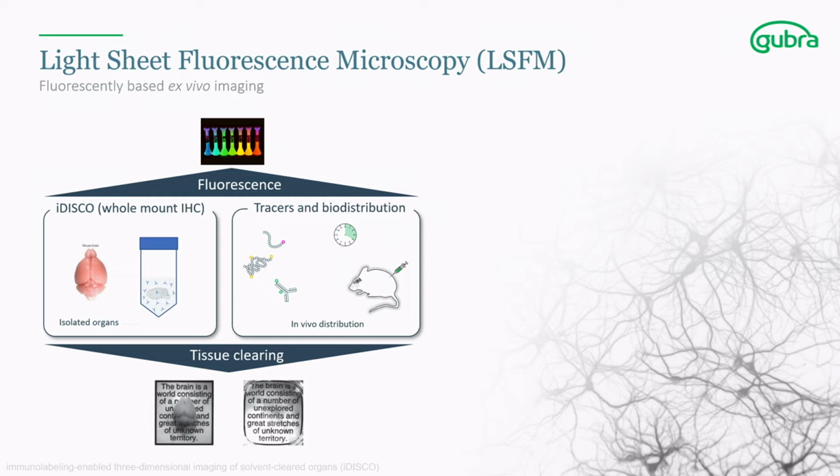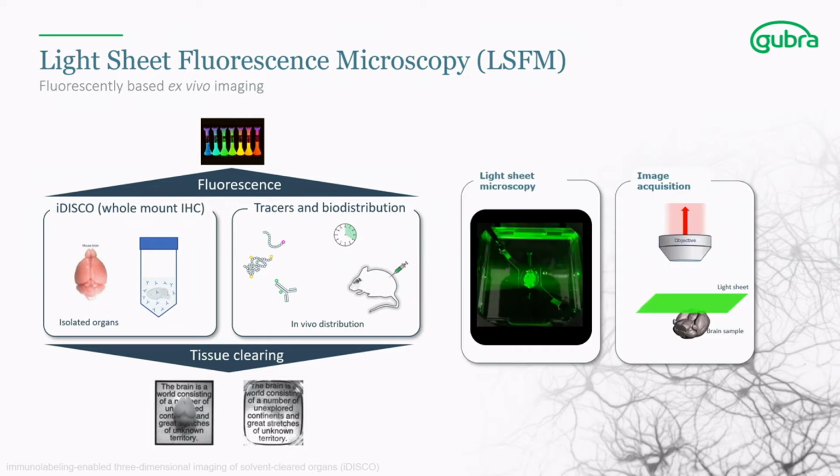After labeling, there is a final step of tissue clearing by getting rid of the lipids and matching the refractive index of the organ with different chemicals. And after that, we apply light sheet microscopy.